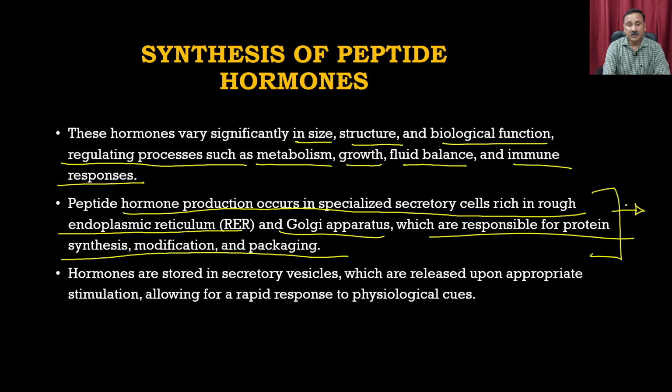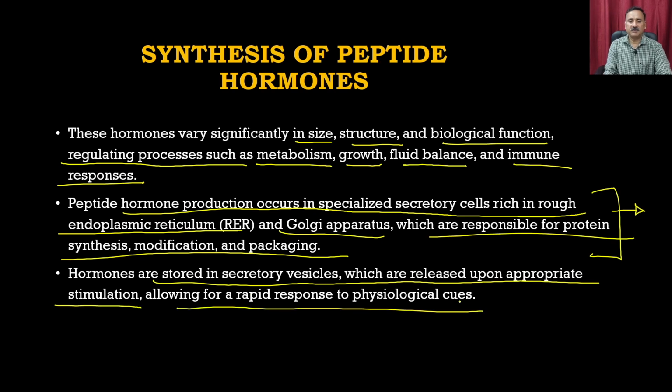So the cells which produce the hormones have a very high quantity of these organelles. Hormones are stored in secretory vesicles which are released upon the appropriate stimulus, allowing a rapid response to physiological cues.